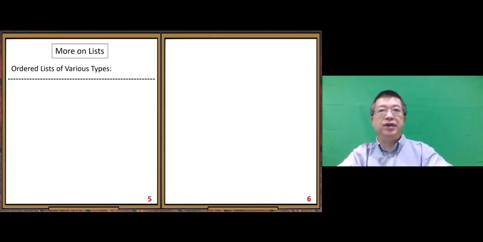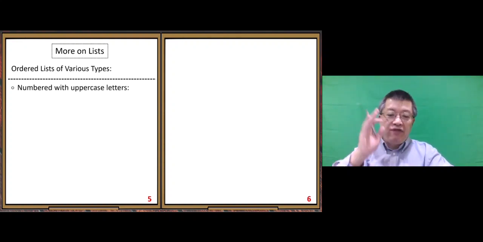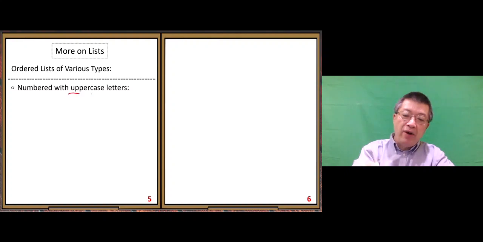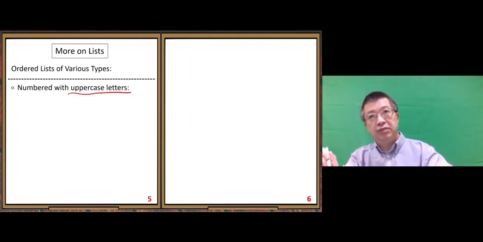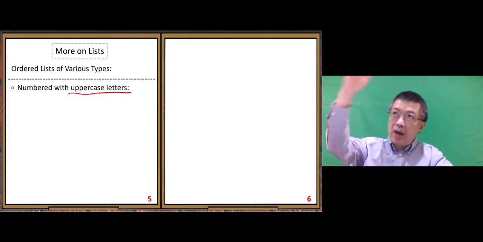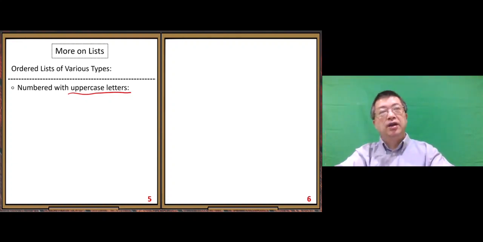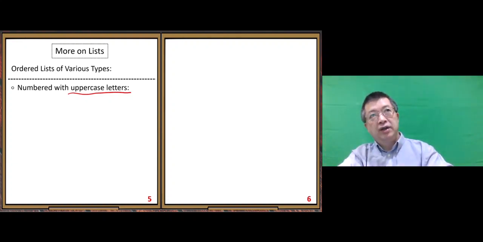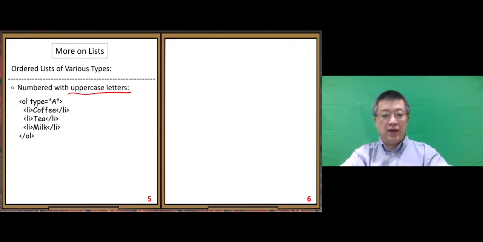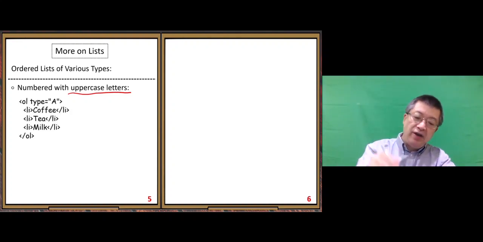There are several different types. The first one, numbering with uppercase characters. Sometimes we want to use capital A, B, C, D to mark the items, like this. So here, what do you need to do? Use the type attribute.